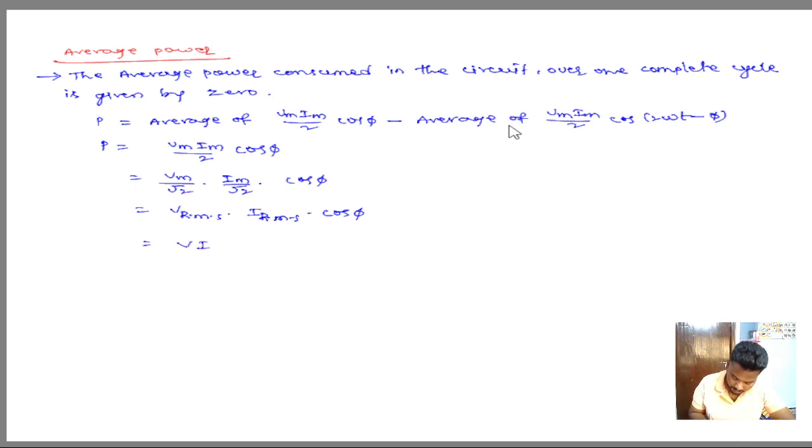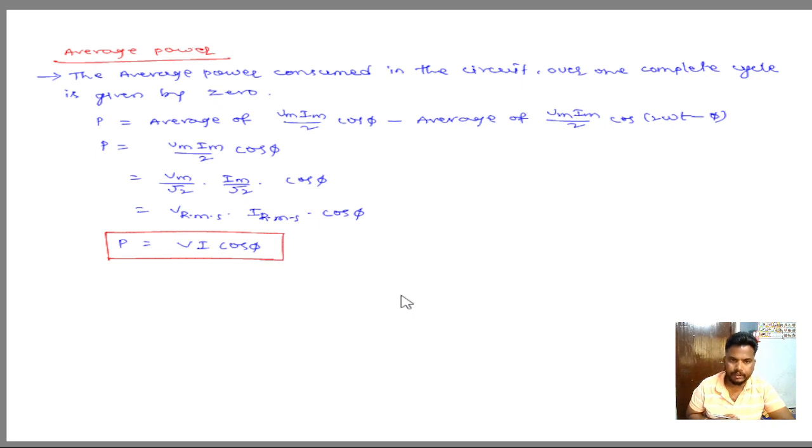We write P equals V I cos phi, and RMS values are denoted by capital letters. This is the average power consumed by a series RL circuit excited by an AC supply.